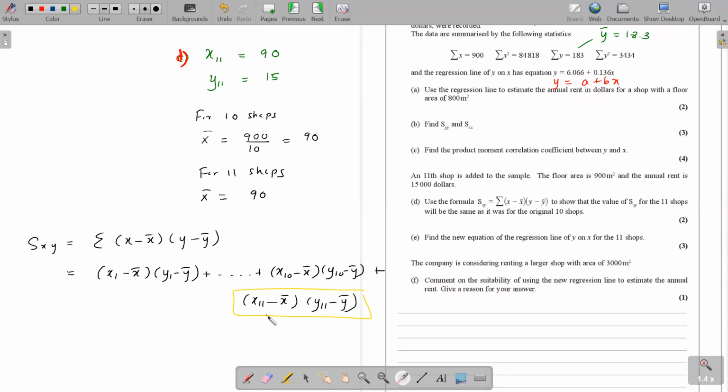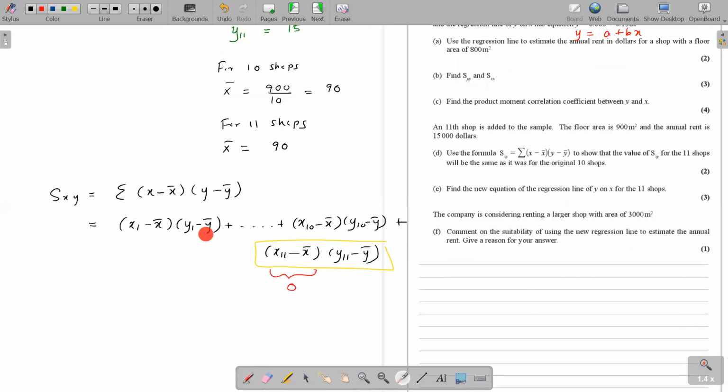The new term X minus X bar will be 0. So this product, for the 11th shop, is 0, therefore SXY stays the same.